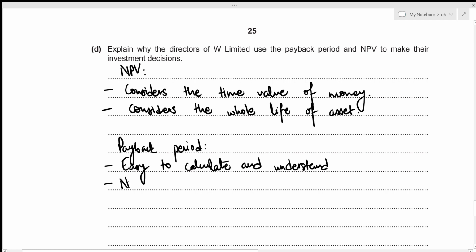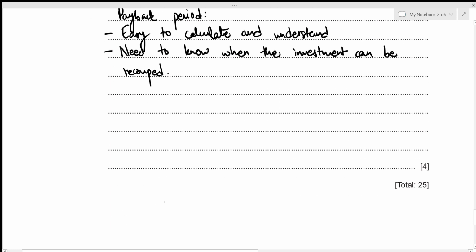So need to know when the investment can be recouped. Alright, this concludes the fourth part of this question as well as the entire question.